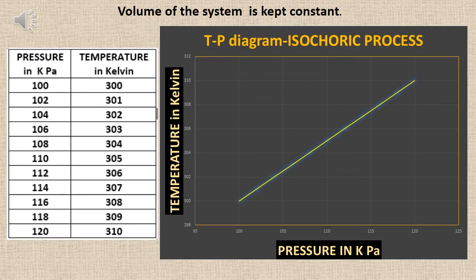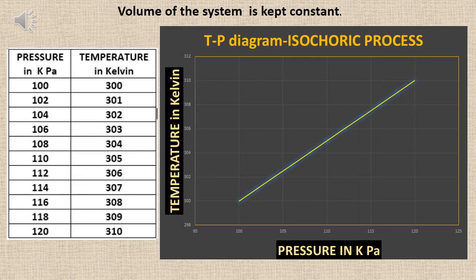The next one is the TP diagram. Here pressure is taken along the x-axis and temperature is taken along the y-axis. We know very well that the volume is kept constant here. When pressure increases from 100 kilopascal to 120 kilopascal, temperature also slowly increases within the cooker.